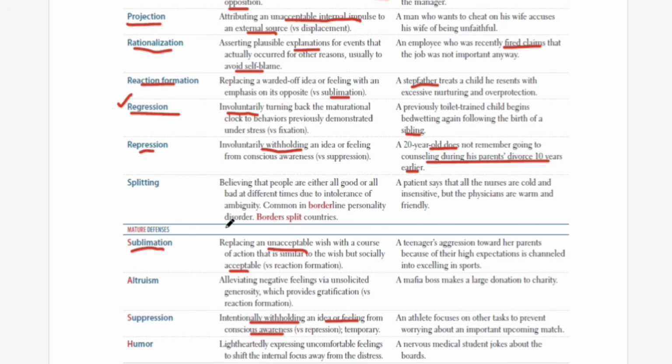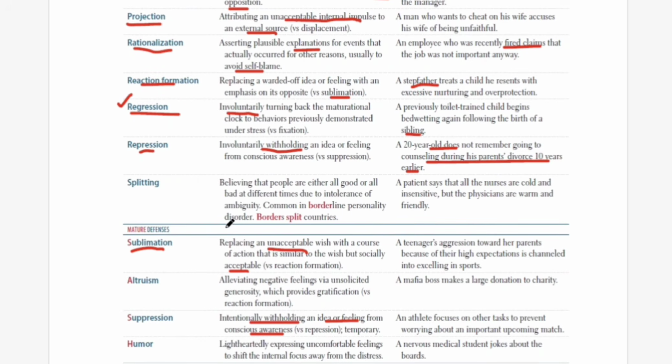So you consciously push aside thoughts or feelings temporarily to focus on something else. For example, if there's a tournament going to start very soon, and the athletes or tournament players are trying to do some practice, they are trying to suppress their emotional responses. In that way, they are doing the practice, right?